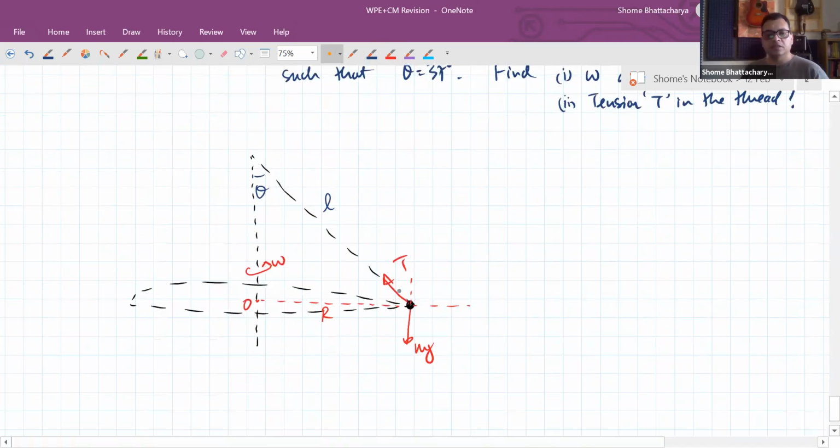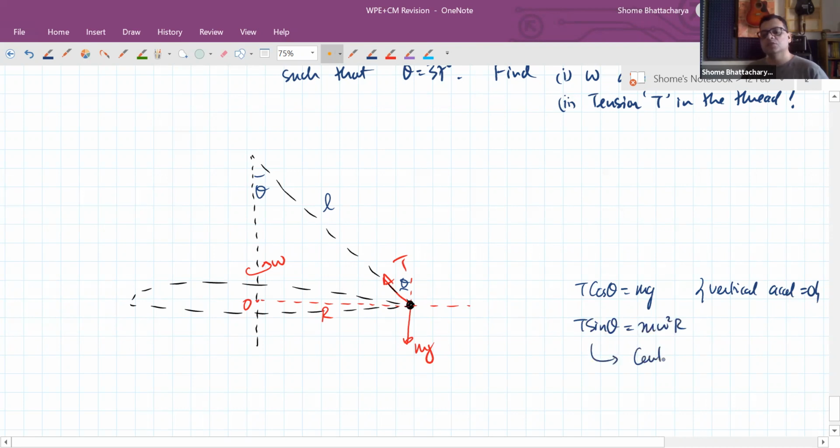So we can see that T cos theta has to balance the mg because the vertical acceleration is equal to 0. But T sine theta has to be equal to m omega square r. This is the centripetal force.